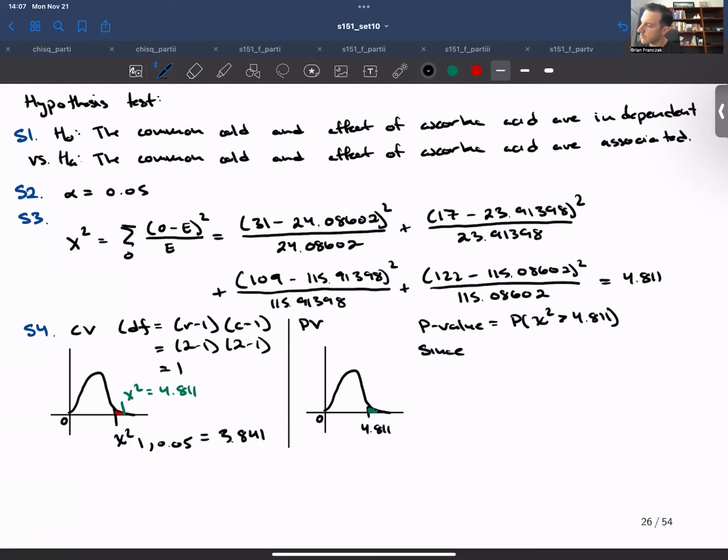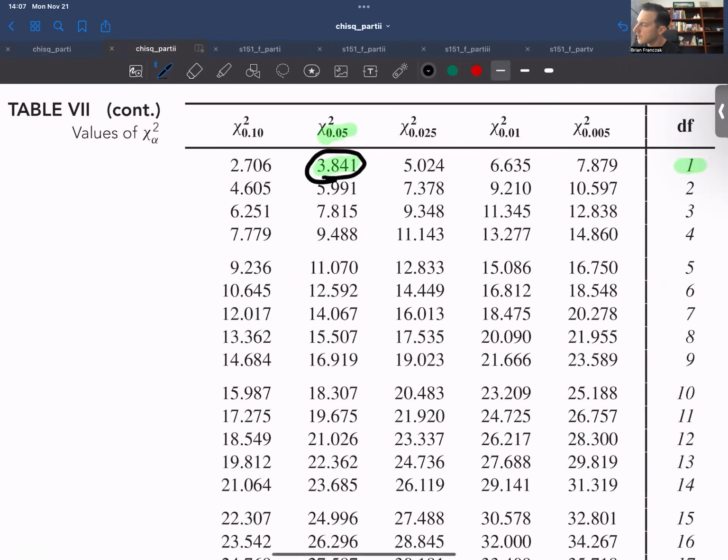Okay, so we go back to our chi-square table. Notice again that the chi-square table works exactly like a t-table works. So we scroll across the line and we're looking for 4.811. You can see that 4.811 sits in between 3.841 and 5.024.